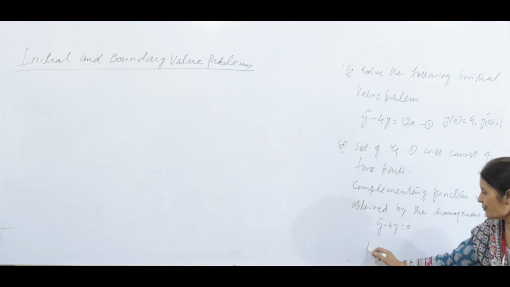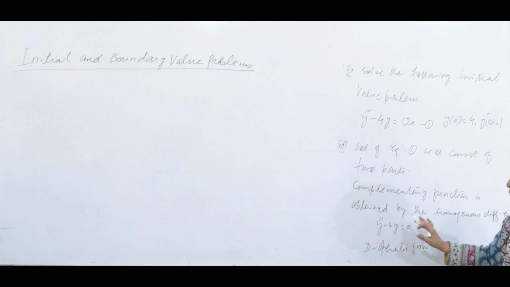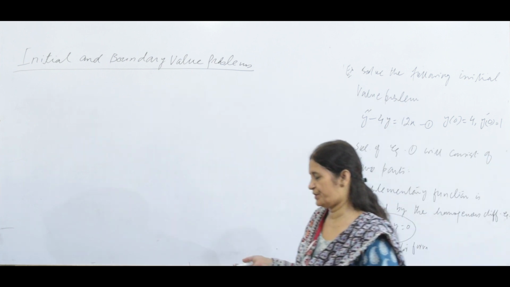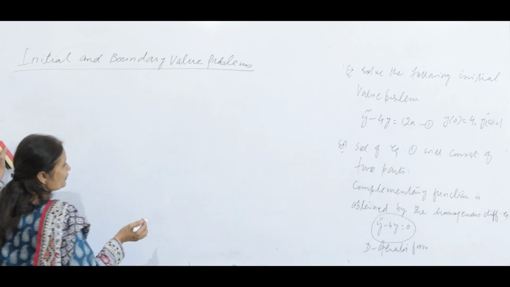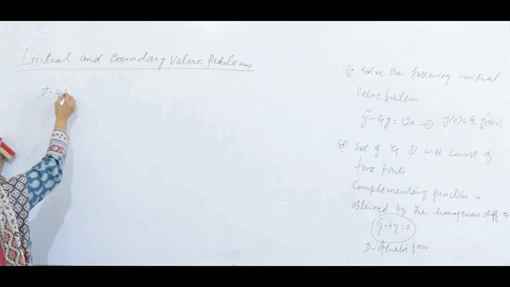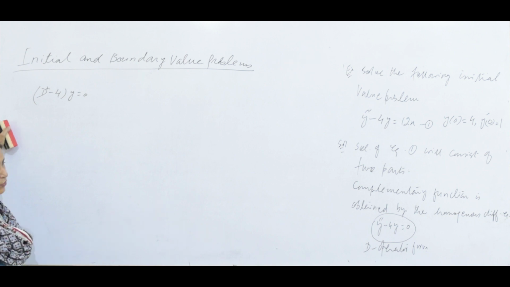So again, the D operator form. A homogeneous differential equation can be solved by the D operator method. For D operator form, I am writing D square minus 4 operating on y equal to 0, because the operator is operated on some unknown function y.